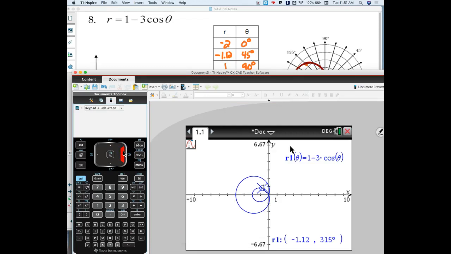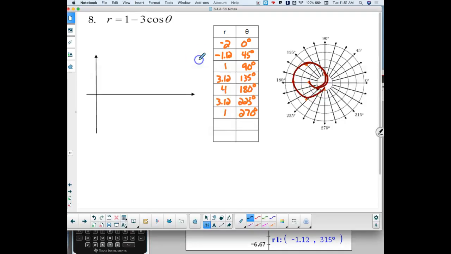Negative 315, negative 1.12. I didn't skip over there.